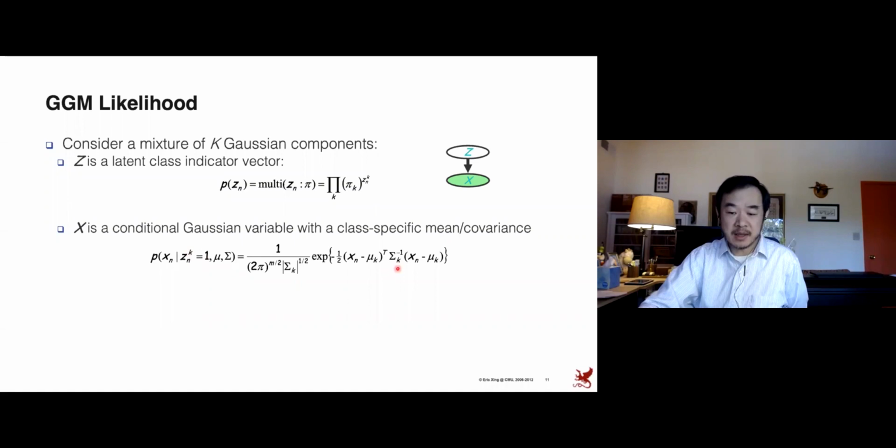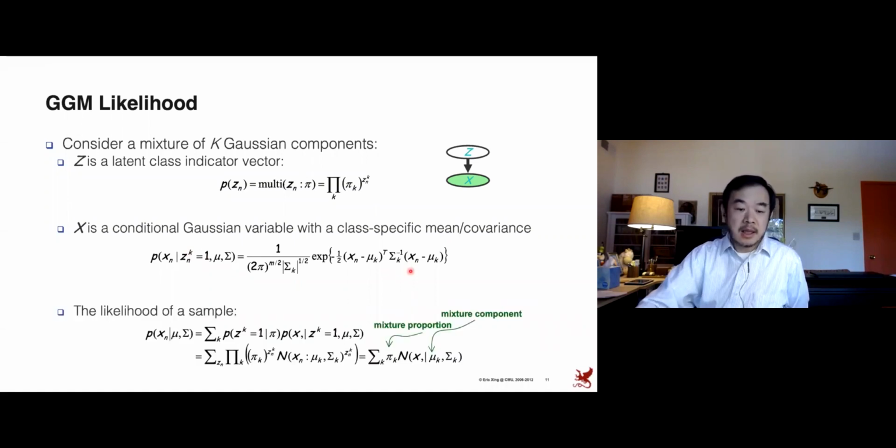So you can basically pick the k's component. And then the likelihood of a sample, which does not contain any specific assignment of the z, you don't actually know that, which implies that the x can come from any of the k possible components. Therefore, we're going to put a probability of that assignment here, and then it will be multiplied with the conditional Gaussian likelihood.